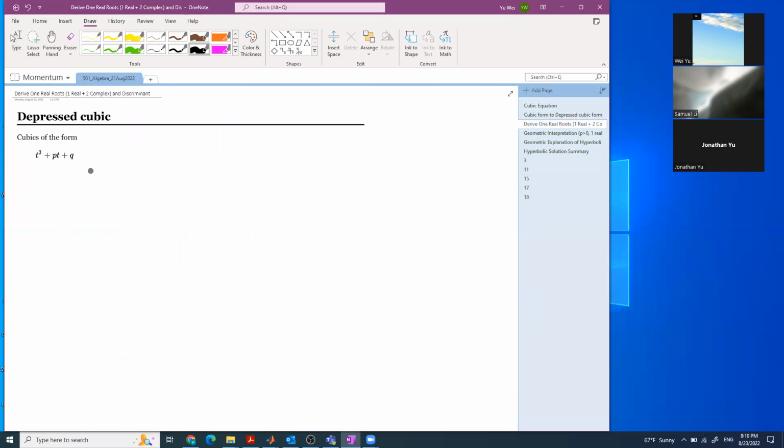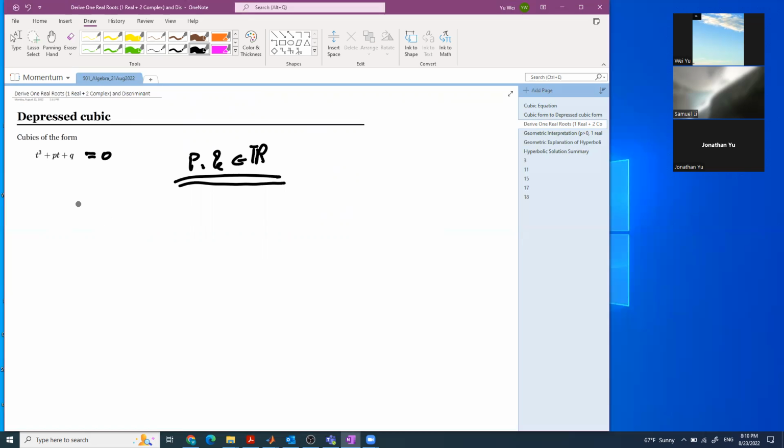So we know, for any p and q belonging to the reals, how many roots are possible? What are the possibilities for the roots of this cubic function? What kind of root possibilities are there for real coefficients?